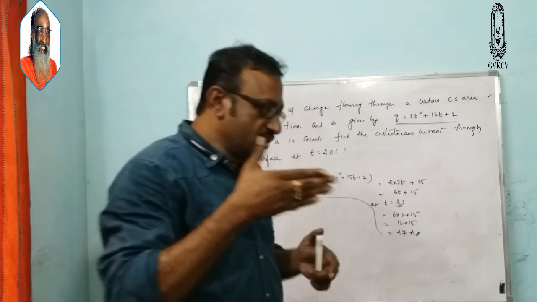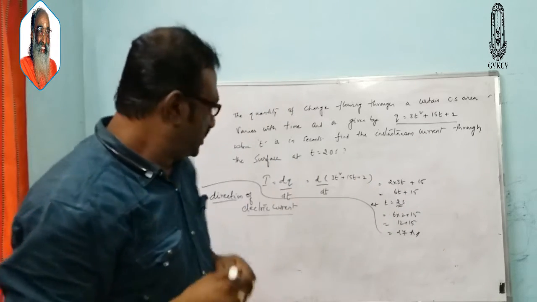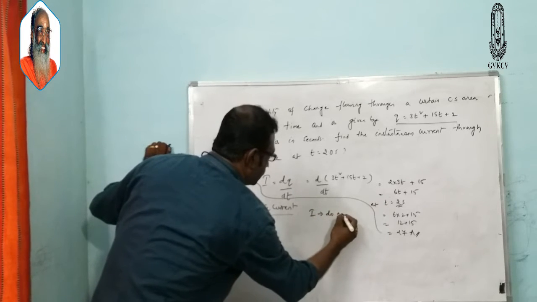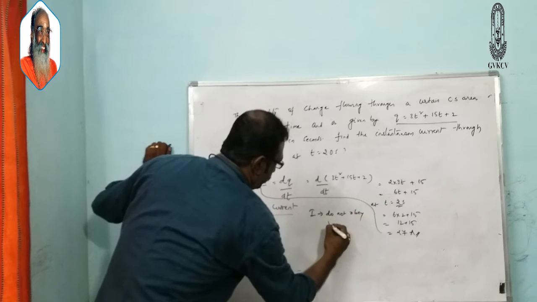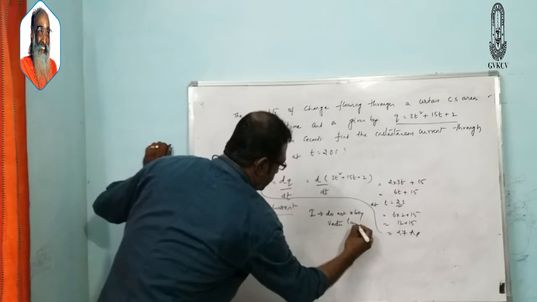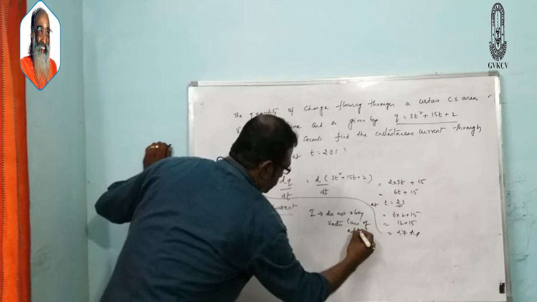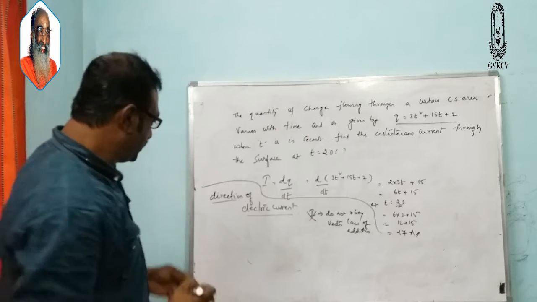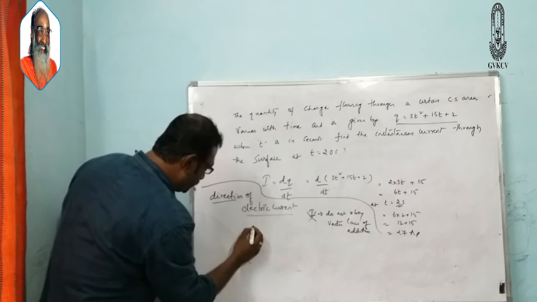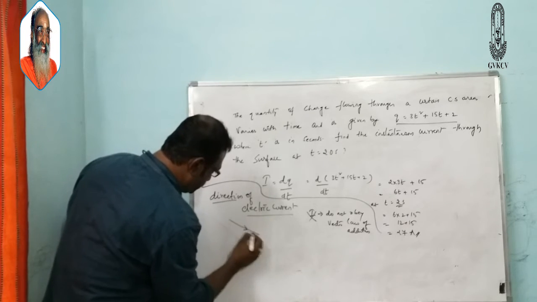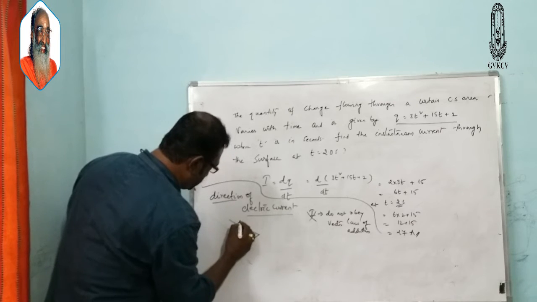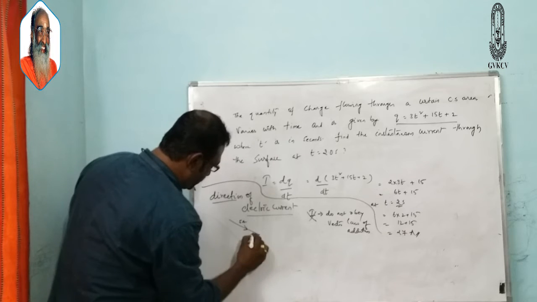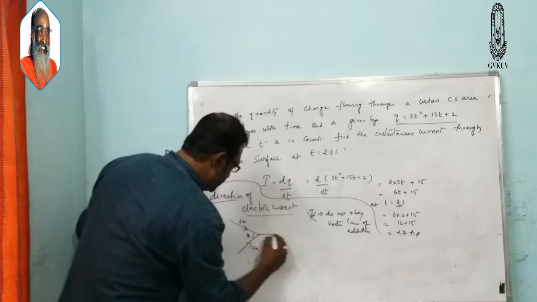Even though it is moving in a particular direction, electric current does not obey the vector law of addition. That's why it is not a vector quantity. For example, suppose the electric current is 5 amperes in this wire, and another 5 amperes in this wire, with some angle theta between them, connected and moving like this.